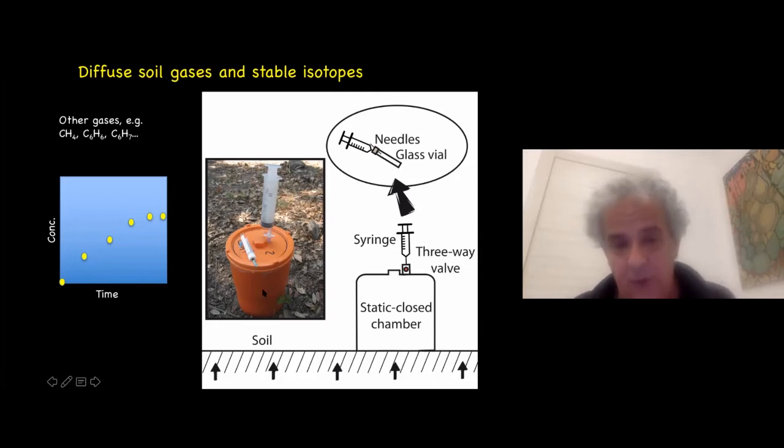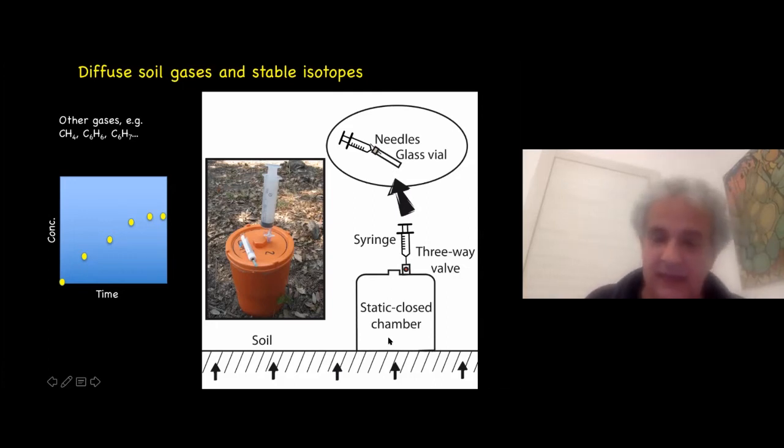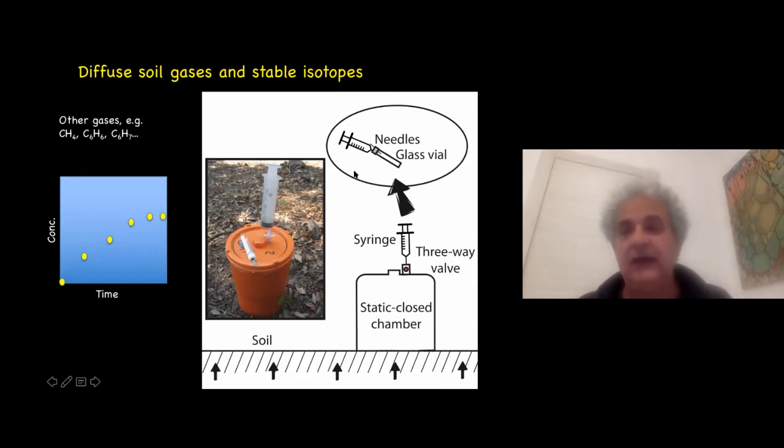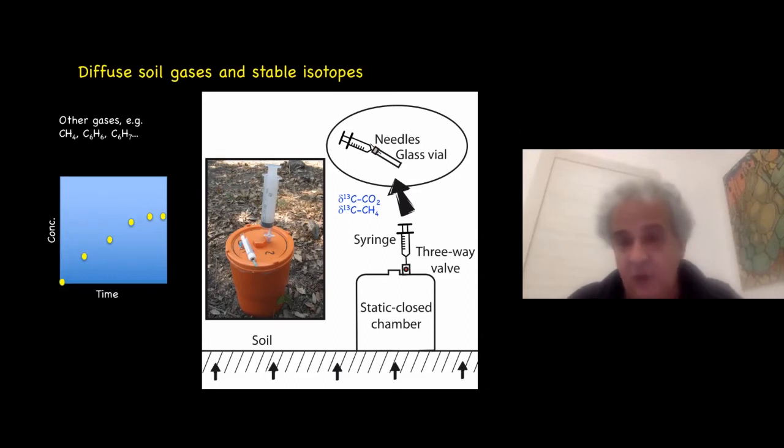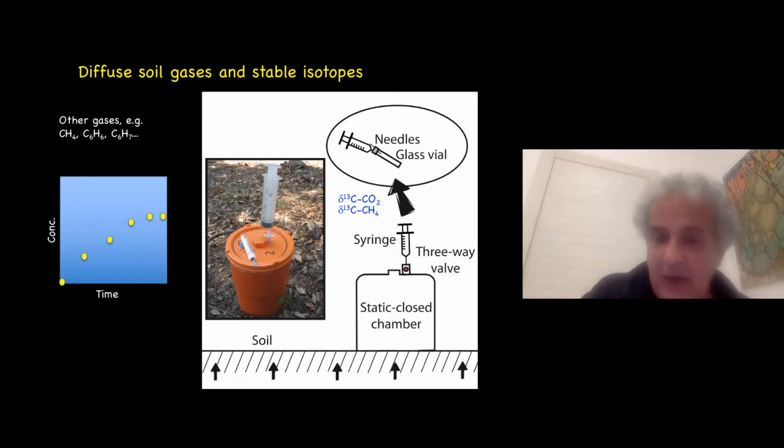And on the top of the static chamber, you can put a syringe and use the same gas vials as we have seen previously in the accumulation chamber. So we may suck basically the gas from the static chamber and we transfer the gas into the gas vial. In this way, we can do delta 13 in CO2, delta 13 in methane, or if your equipment is very strong, you can do other kinds of isotopes, for example, in the hydrocarbons.